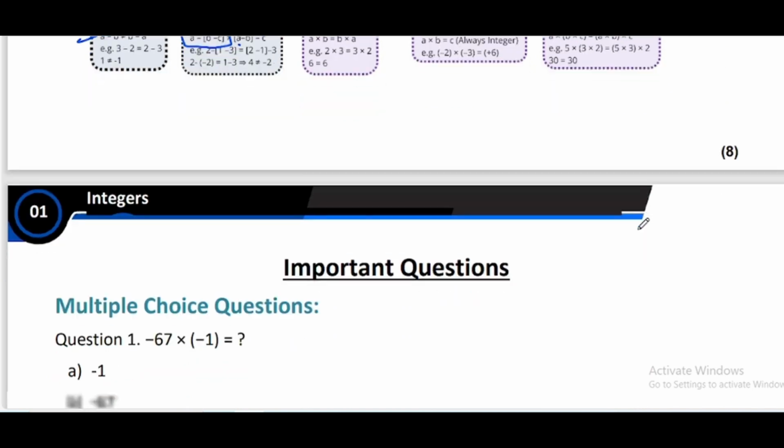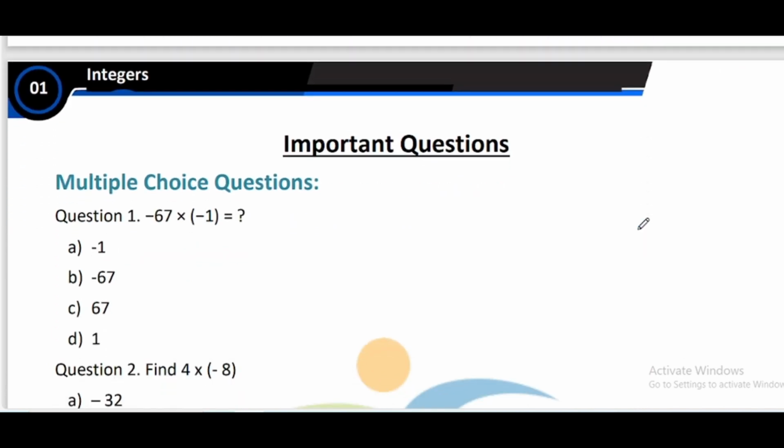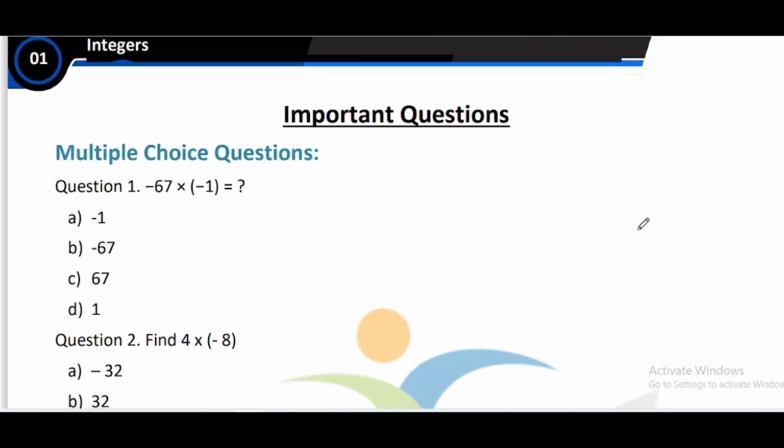Now we discuss some important questions of integers. Let's see. Question number one: given minus 67 multiplied by minus 1. First, we multiply the signs of the given numbers.